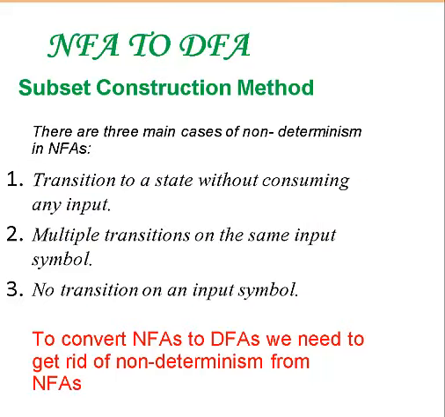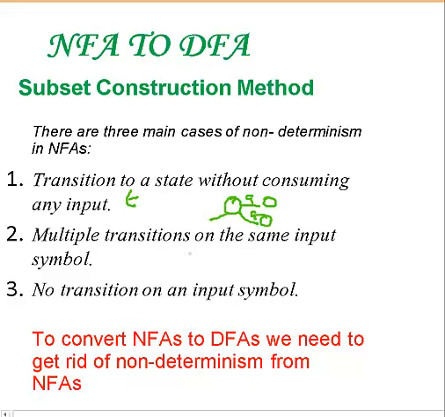Now when we say NFA to DFA by subset construction, there are three main cases of non-determinism in an NFA. First, transition to a state without consuming any input. So you don't consume any input and you transit. Epsilon transitions are there, so you want to remove them, okay? Second, we have multiple transitions on the same input. Say for example you're on a state and you take input A, you can go to one state, or to another state as well.